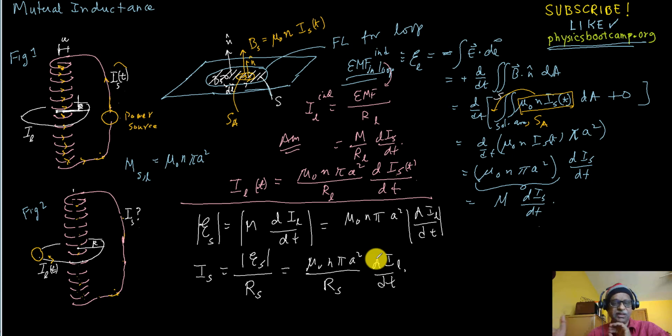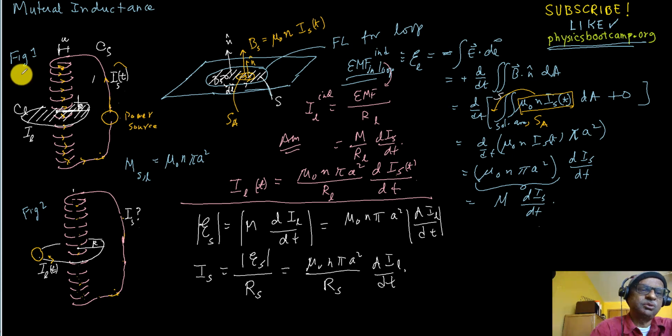The way we say these circuits are coupled is if the magnetic field created in one circuit goes through the area of the other loop. Now imagine there was a loop like that, call it CL2.